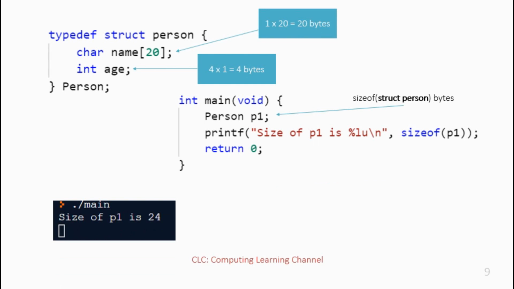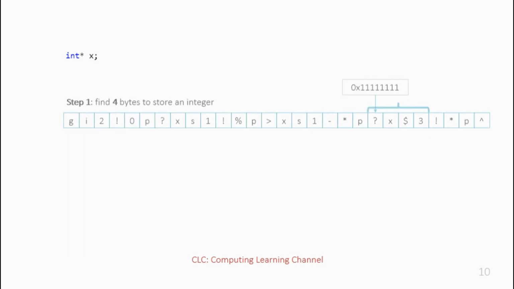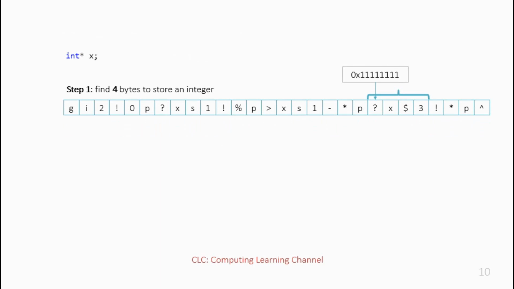Now let's consider the case when we declare a variable as a pointer to a certain data type. Let's say we declare a pointer to an integer x. Here's what happens behind the scenes. First, the compiler finds 4 bytes to store an integer. Why 4? Because we're declaring a pointer to an integer, so the compiler will expect for that pointer to point to a 4-byte cell.